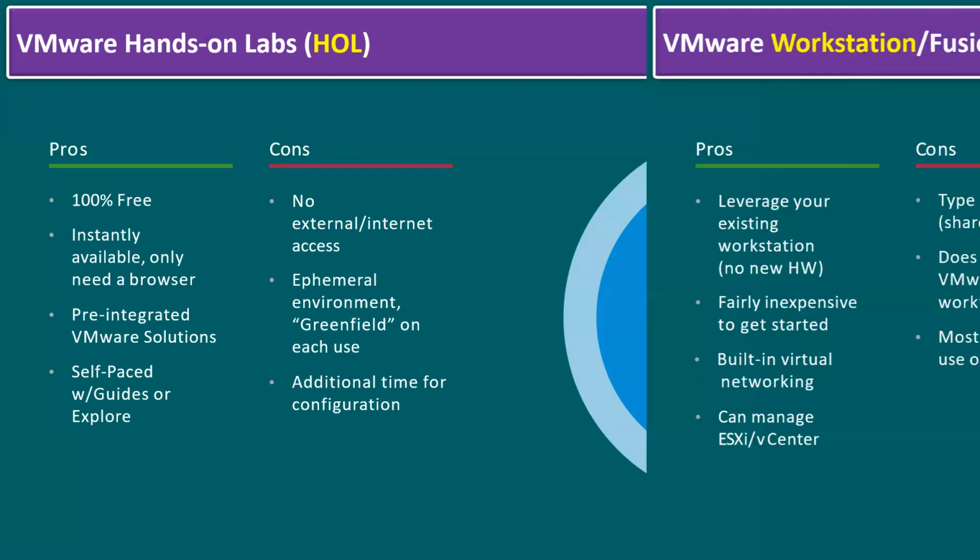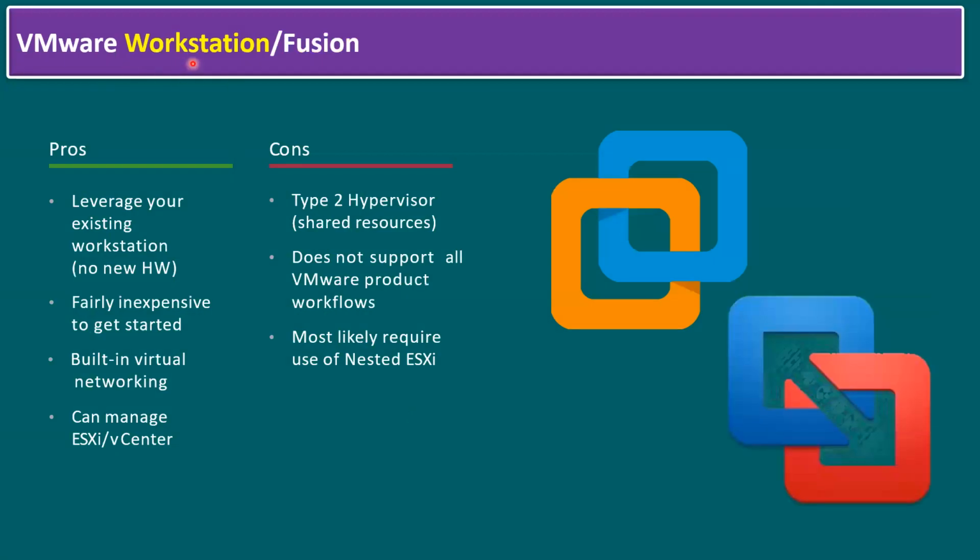Okay, now let's talk about another option, VMware Workstation and Fusion. As I mentioned, Workstation is for Windows systems, Fusion for Macintosh operating systems. And this is the icon for Workstation, and for Fusion, this is the icon. And the pros: leverage your existing workstation, no new hardware, existing laptop or desktop PC. You can just download VMware Workstation and install it, and it's fairly inexpensive to get started.